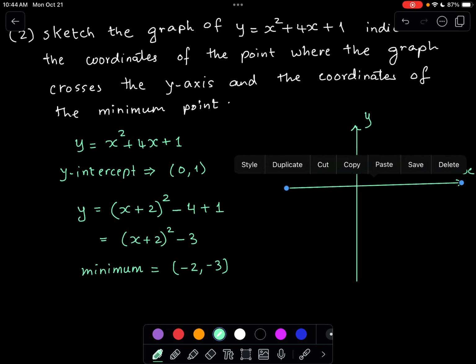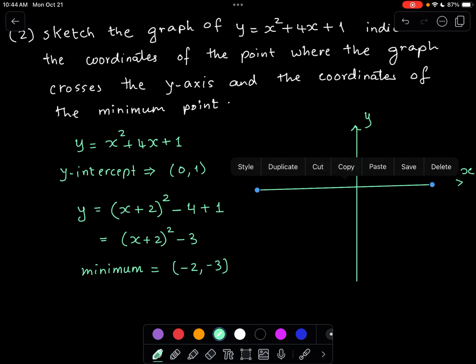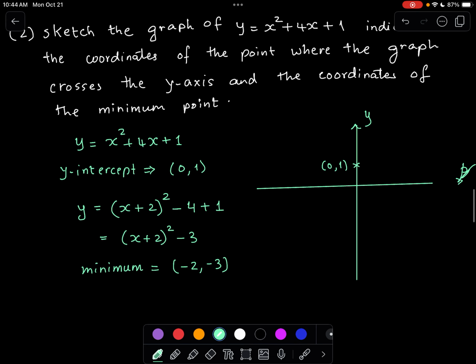So let me just extend this line towards the left. -2, -3. So we know that this is -3. So this is my minimum, -2, -3. So the graph is going to be symmetrical about x equal to -2.